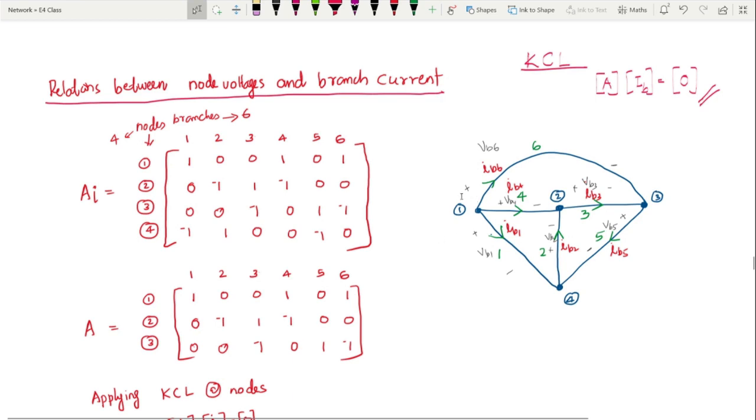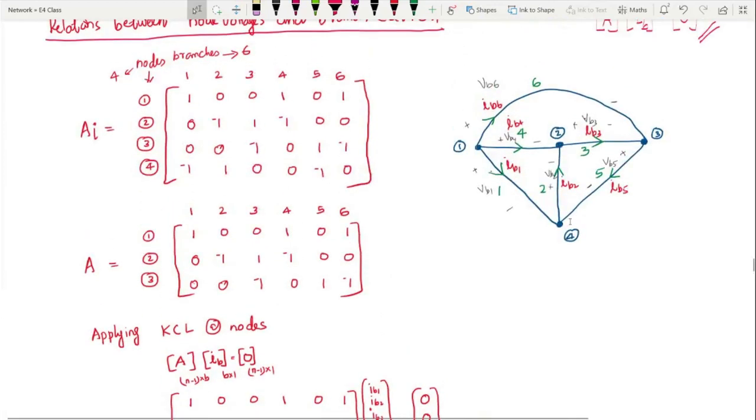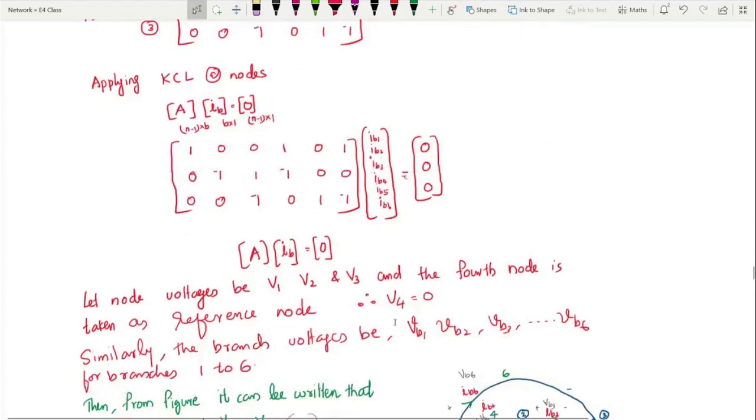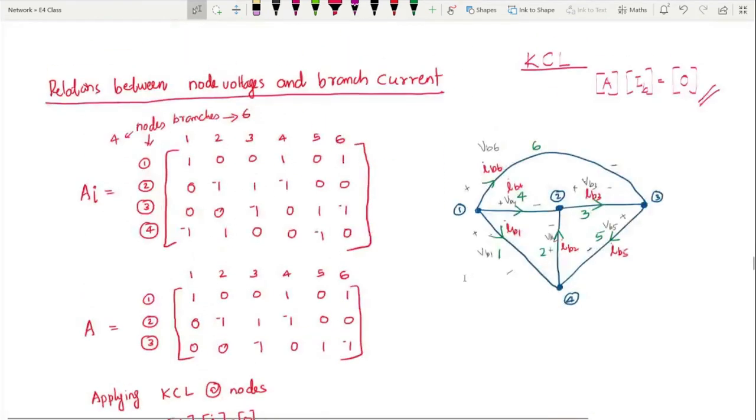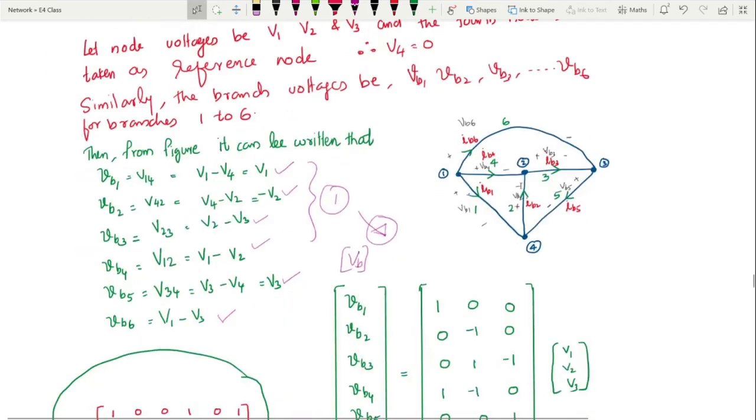Now let's represent the node 1, node 2, node 3 voltages as V1, V2 and V3. As we are considering the fourth node as the reference node, its voltage V4 is taken as 0. And as I marked, the branch voltages are represented by VB1, VB2, VB3 all the way up to VB6 as shown here.